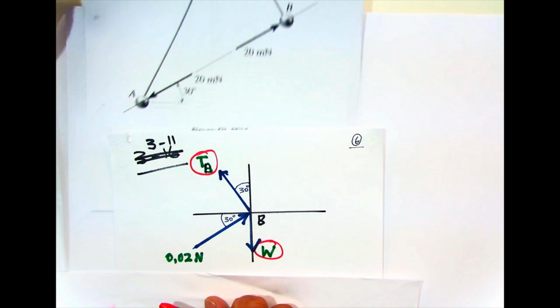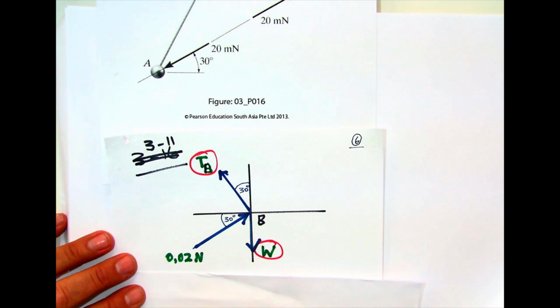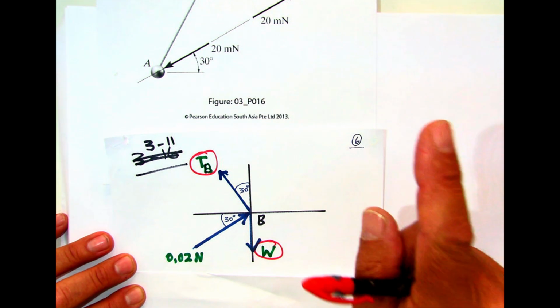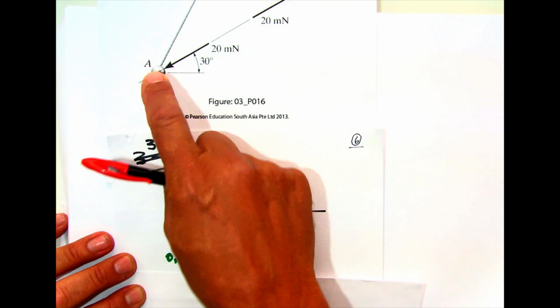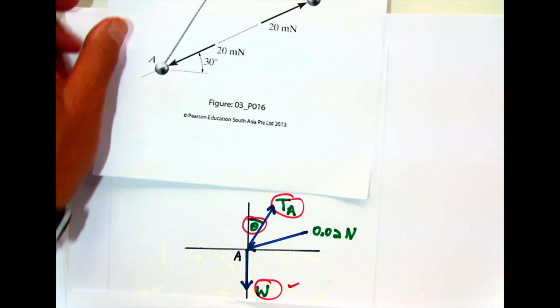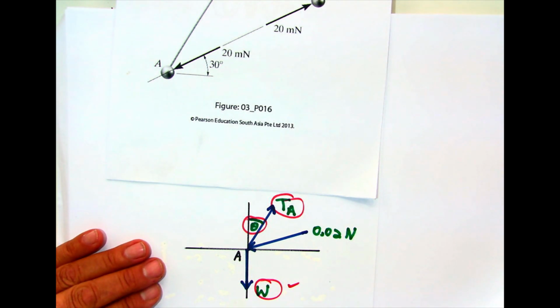Now you go to A. Now important, what you can remember here is that this weight of B is the same as the weight of A. So you already have the weight of A. But okay, A is going to be something like this now. See if I can fit that in here.